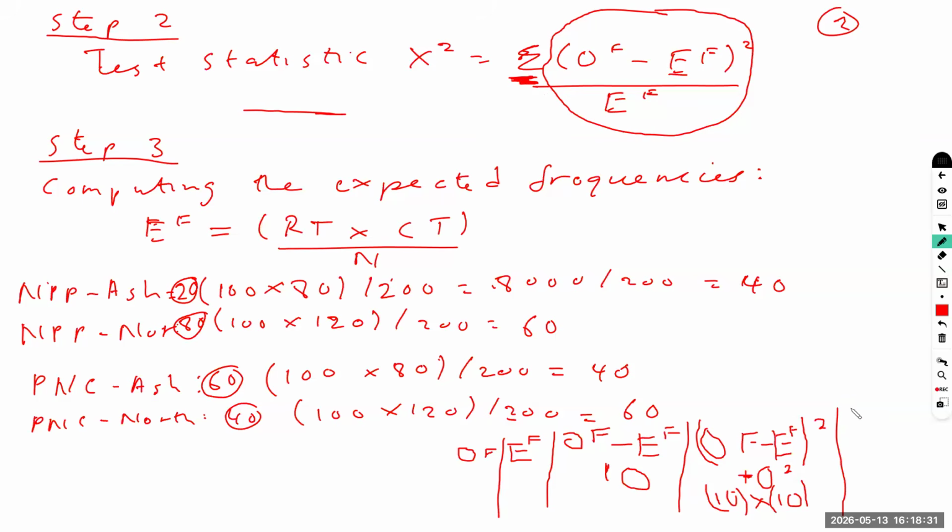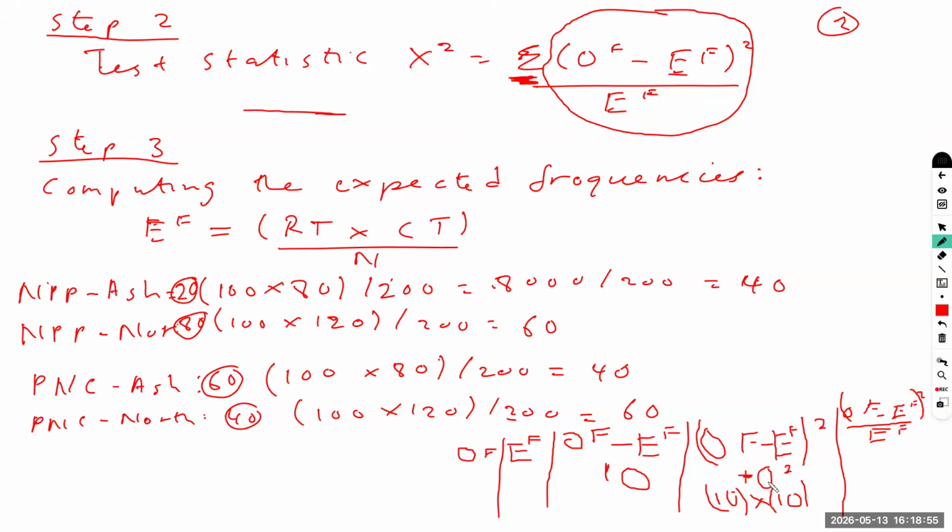So my last part will be OF minus EF in brackets, squared, all over EF. What it means is that I am going to take this particular answer.